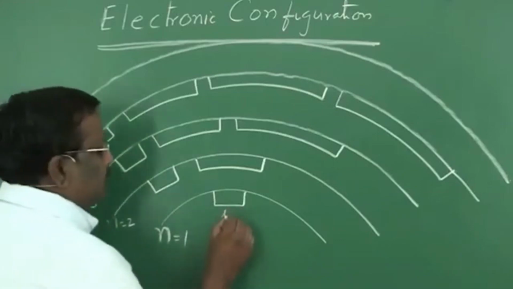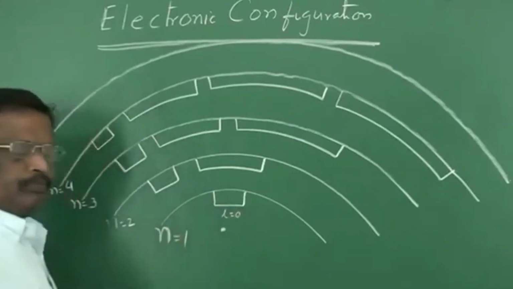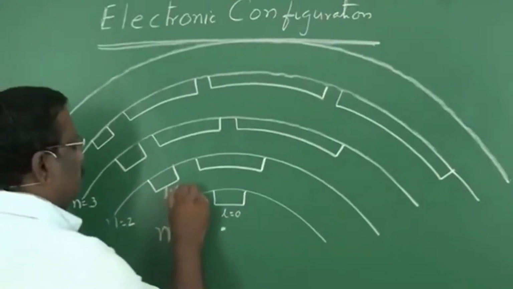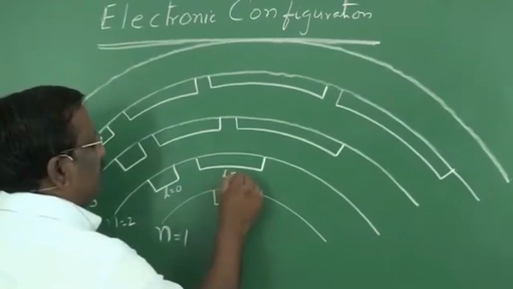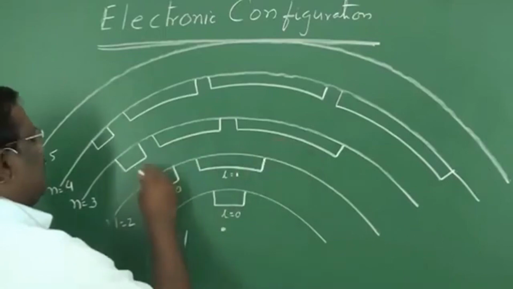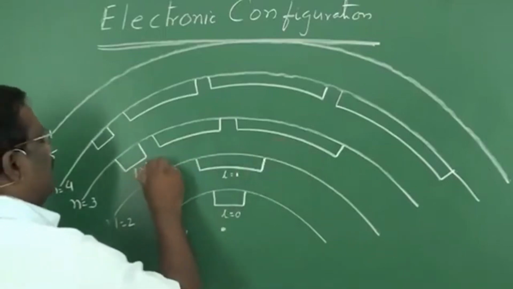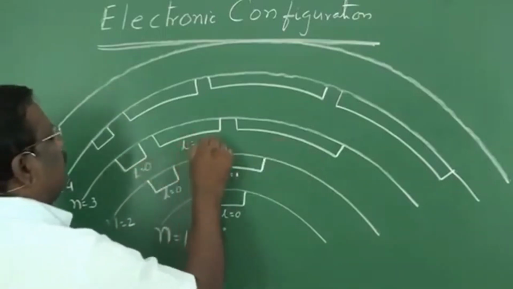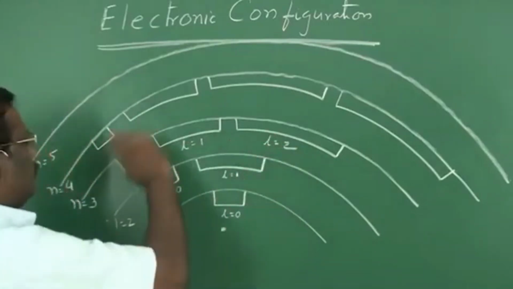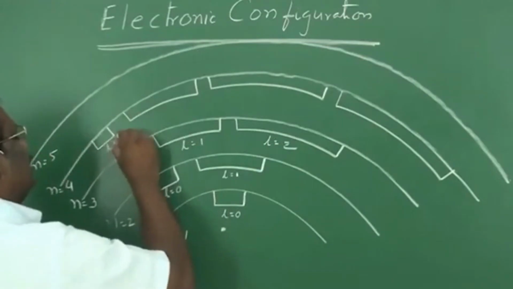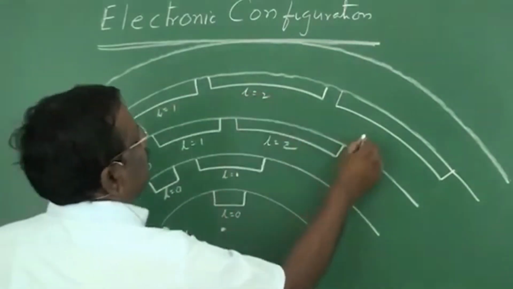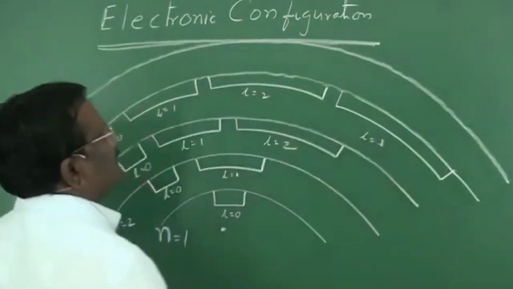In the first main energy level, we have one sub-energy level. Its l value is 0. In the second, the l values are 0 and 1. In the third, we have three sub-energy levels, with l equal to 0, 1, 2. Similarly, in the fourth energy level, we have four sub-energy levels: l is equal to 0, 1, 2, 3.